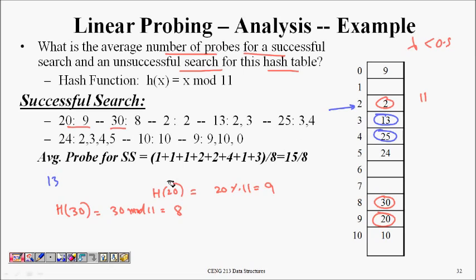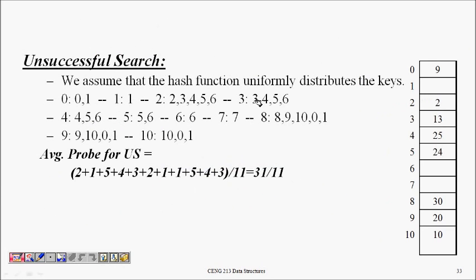The average number of probes required is 15 by 8 for all these different cases, which is in fact less than 2. So you require about 2 searches for each of them in this example.